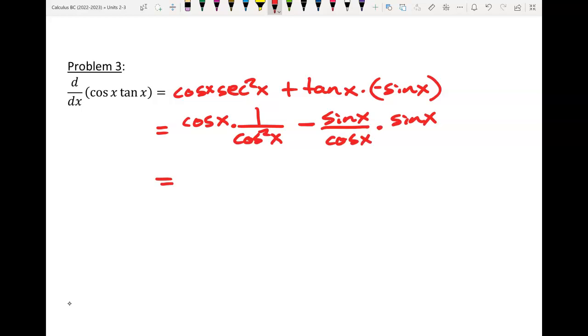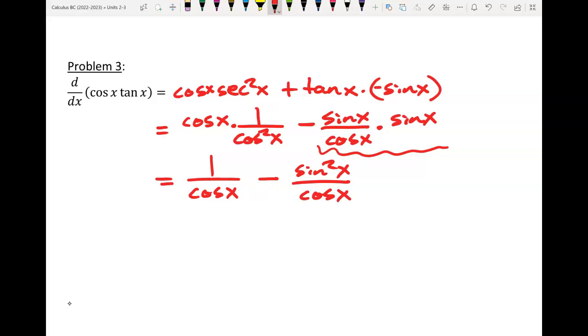So what does that simplify to? What happens on the first 2 here? We get 1 over cosine. Just 1 over cosine. What do I get on the second one? Sine times sine squared x. Sine squared x. So sine times sine is sine squared over cosine.